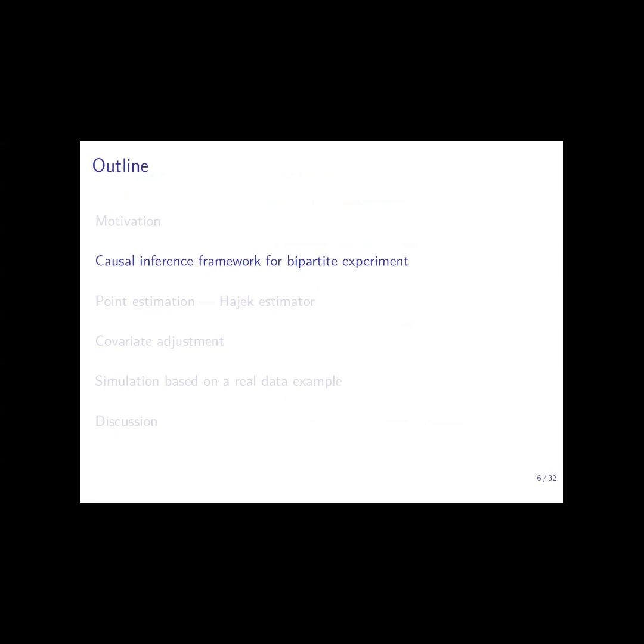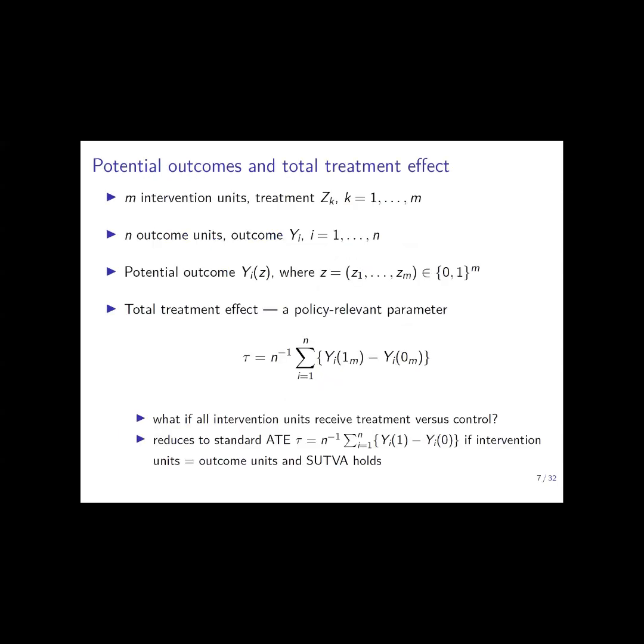Okay, we want to do more formal causal inference with bipartite experiments. We introduce some notation. We use potential outcomes to define treatment effect. Here we have m intervention units receiving treatment. In the simple case, binary treatment or control, z_k, k from 1 to m. We have n outcome units.